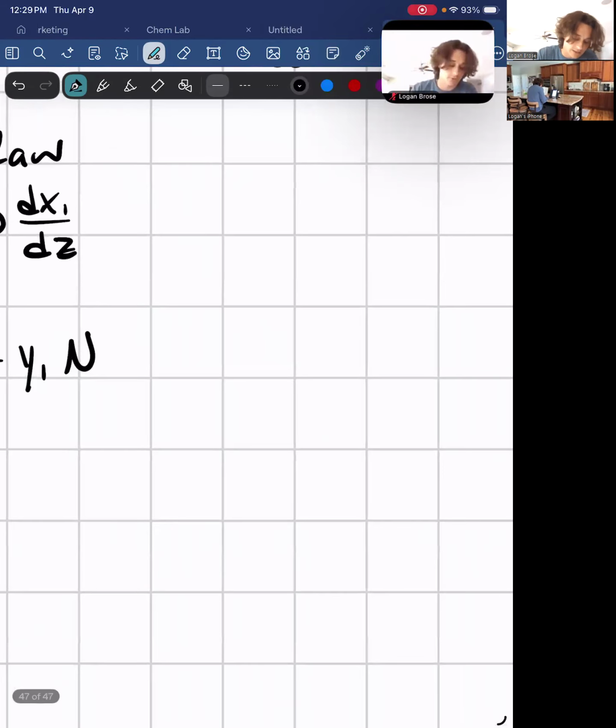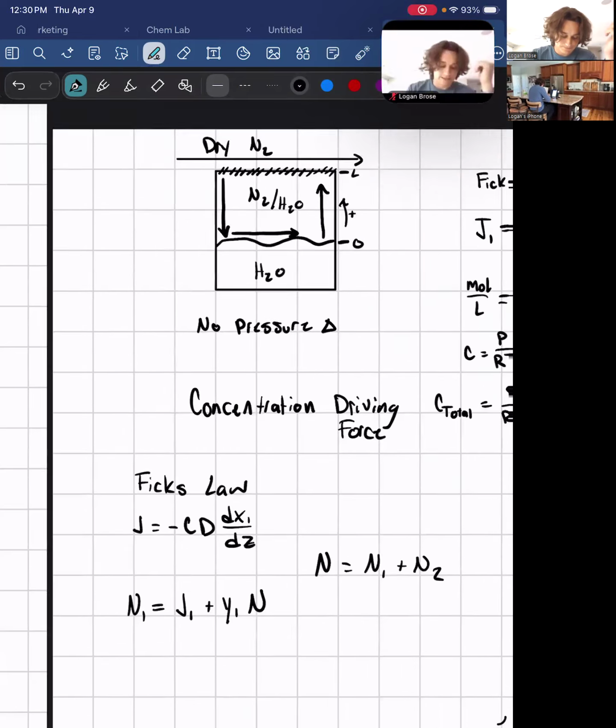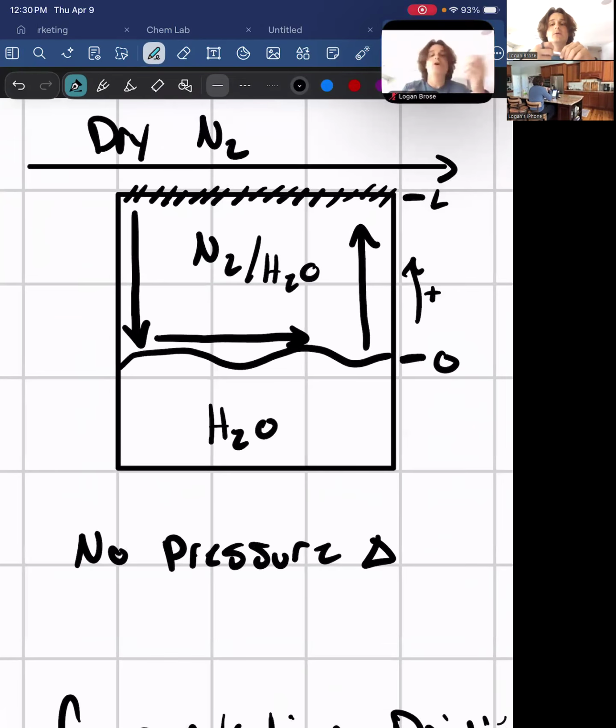Well, what's our total molar flux? N equals the sum of our individual fluxes, so N1 plus N2. Now, we know that water has a positive flux. It's diffusing up.